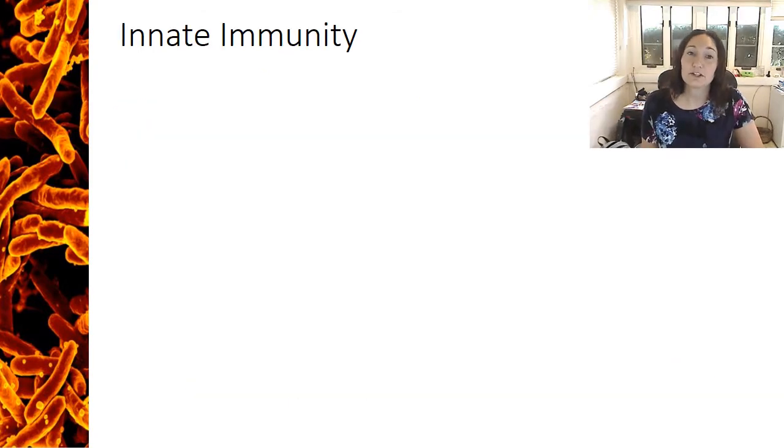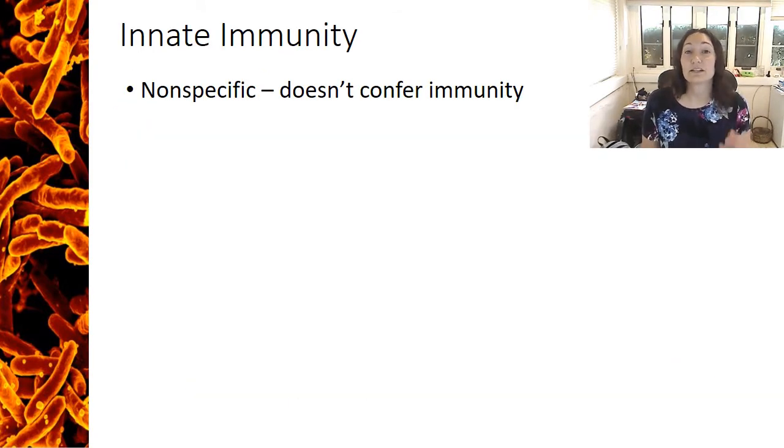So the defining feature of innate immunity is that it's non-specific. When we talk about the concept of immunity, you often think about that idea of now being immune to something. So if you see it again, you're not going to get it. That's not part of the innate immune system. So the innate immune system is able to recognize that something is foreign, but not what that foreign thing is.